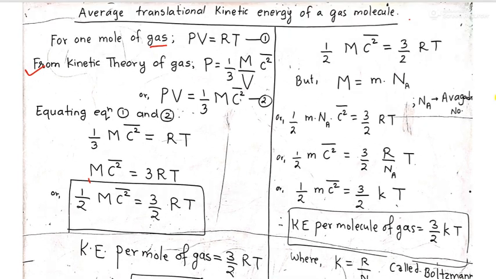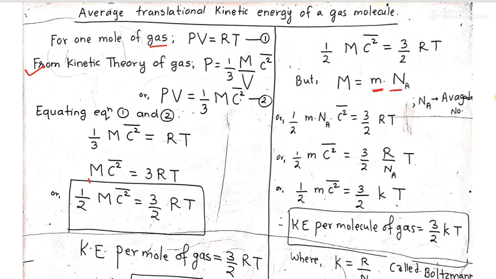Now if we want to calculate the kinetic energy per molecule of the gas, for 1 molecule, we already have the relation 1 by 2 M c square bar is equal to 3 by 2 RT. Here M means the total mass of the gas. Capital M is equal to small m into the total number of molecules.